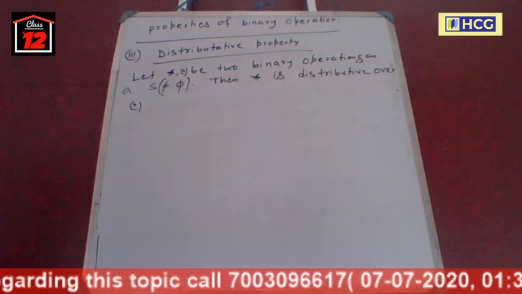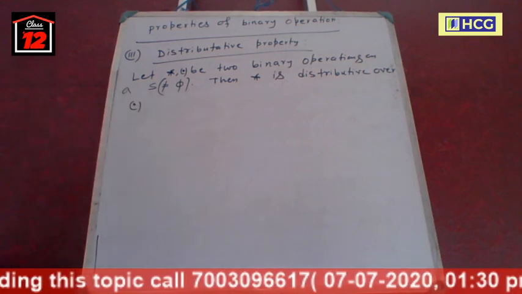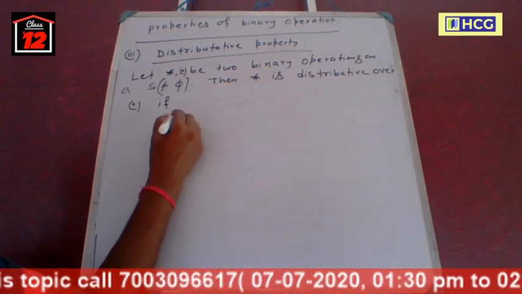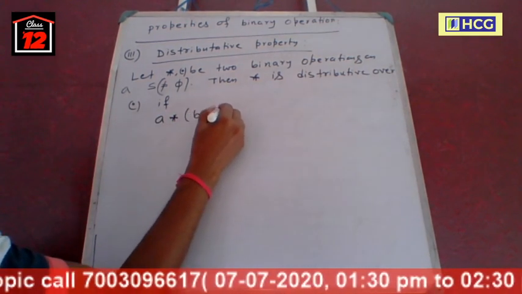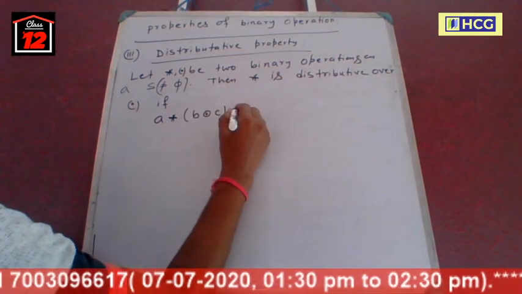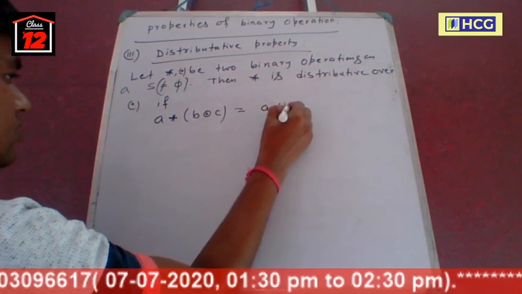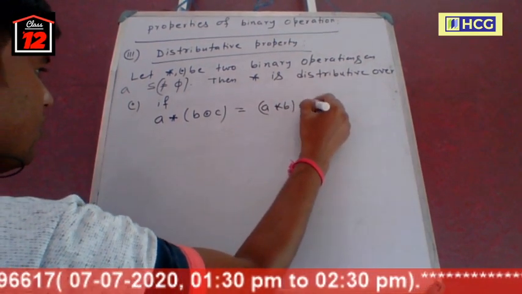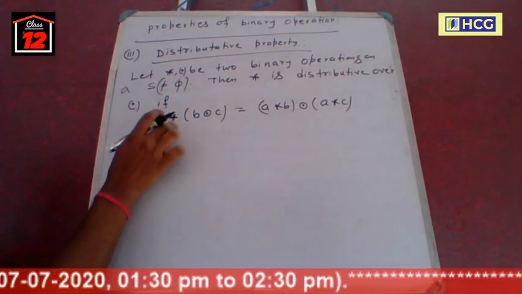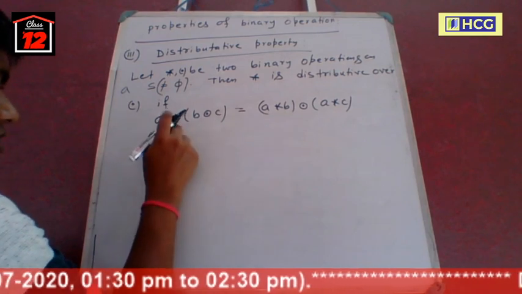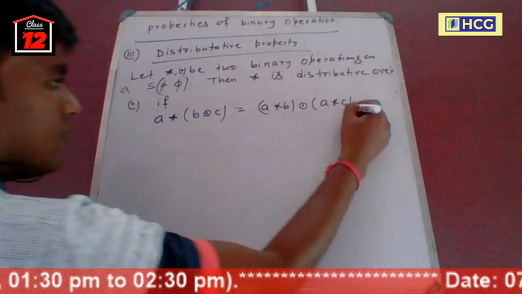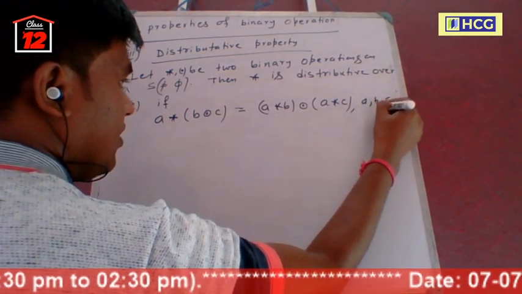Two operations: the first operation is distributive over the second operation if A star (B dot C) is equal to (A star B) dot (A star C). When this condition is satisfied, then this is left distributive. The star is distributive from the left side, so star is called left distributive, where A, B, C belong to S.